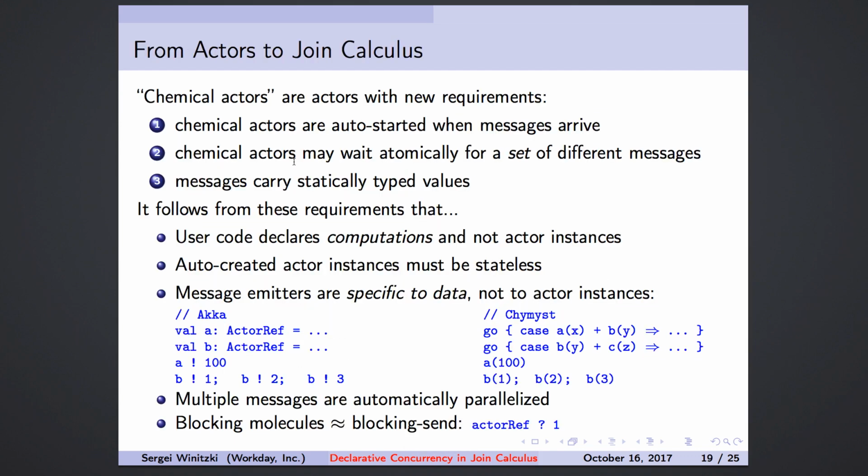Let me outline how you can think about the chemical machine or joint calculus as a development of the actor model. Imagine that I impose new requirements on actors. I want to improve the actor model, and I say, first of all, they have to automatically start.